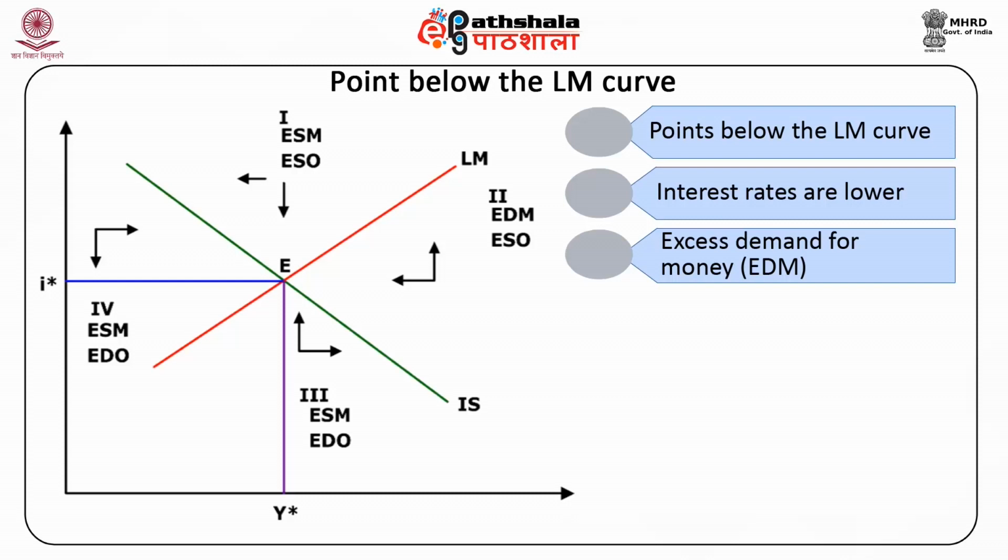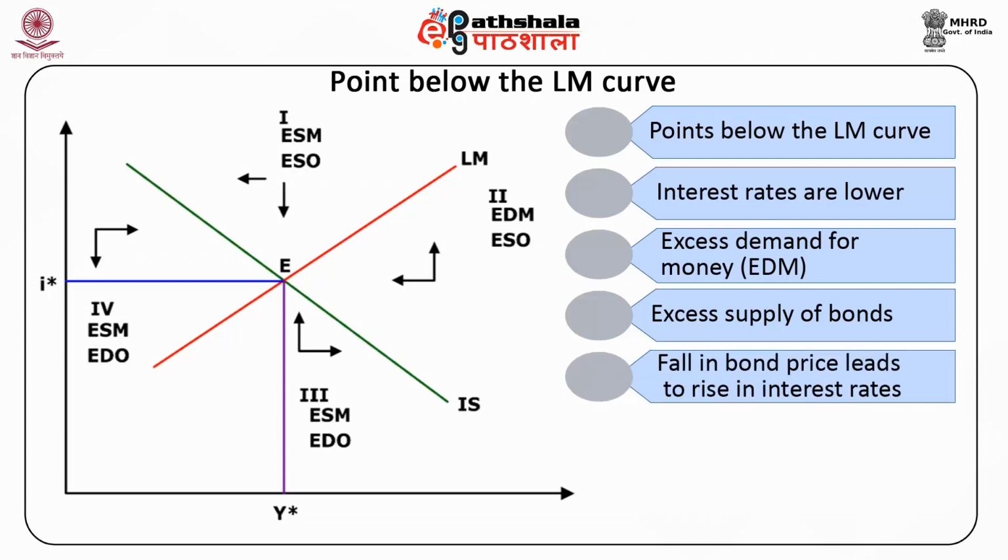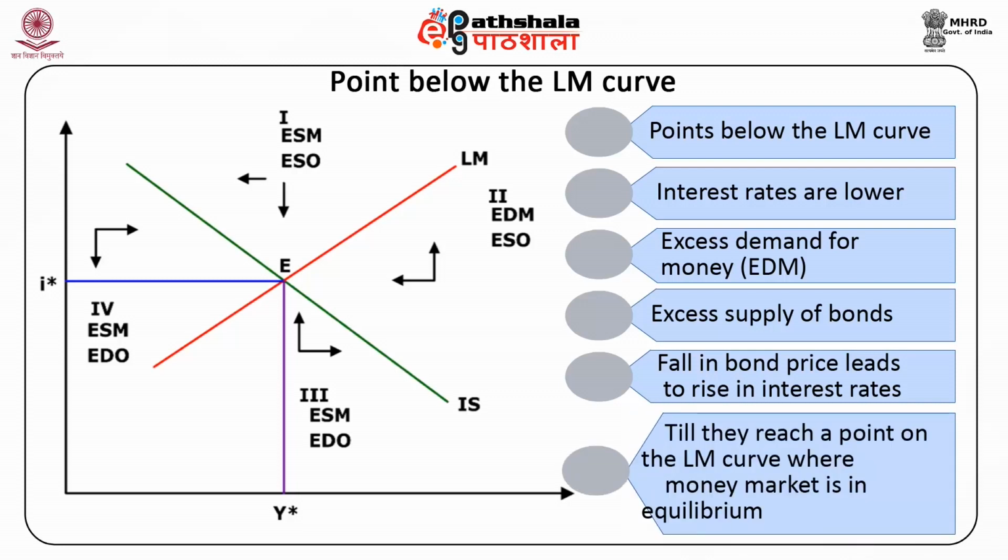This results in excess supply of bonds that induces a fall in bond prices and creates pressures on interest rates to rise till it reaches a point on the LM curve and money market equilibrium is restored. This is reflected by the upward pointing arrows in quadrants 2 and 3.